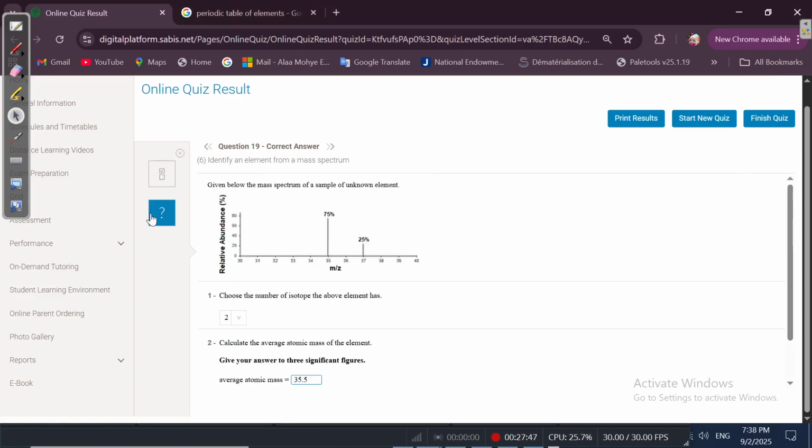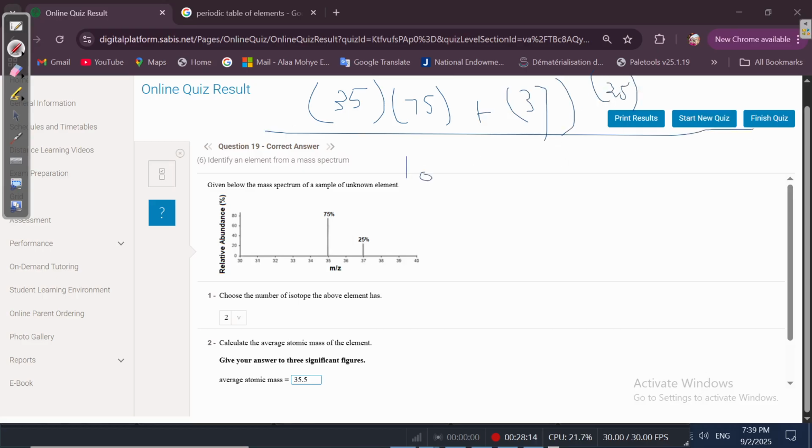Choose the number of isotopes. You see 2 peaks, so 2 isotopes. How to solve the average atomic mass? Easy. You multiply the number at the bottom, the 35, by the percentage, plus the 37 at the bottom into 25 over 100.